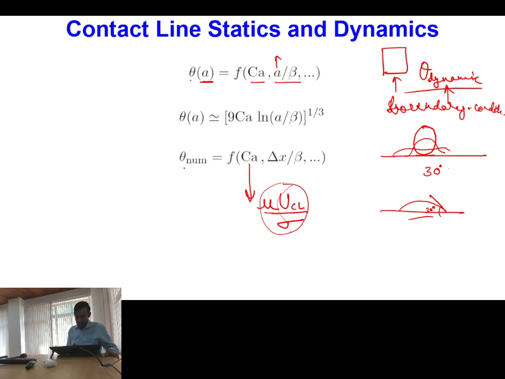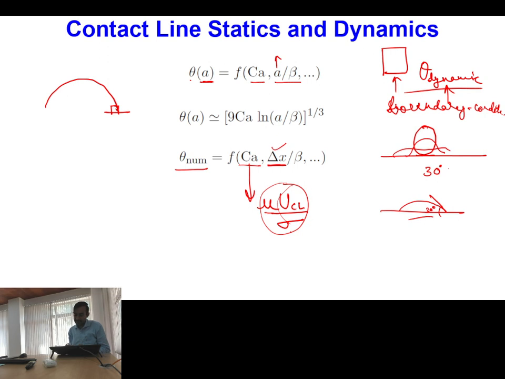So your value of contact angle will be a function of capillary number, and typically the distance a is considered to be of the order of the cell size of the boundary cell, because whatever boundary condition you supply will not define the angle at all the points, only for the boundary cell, the cell which is just close to the contact point.